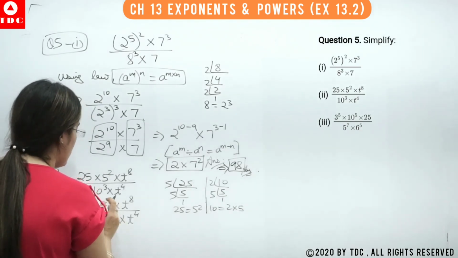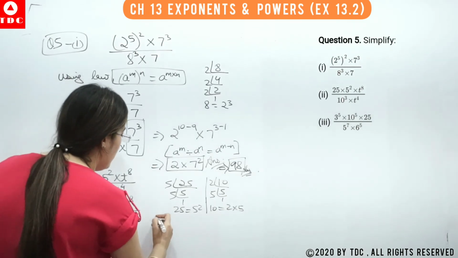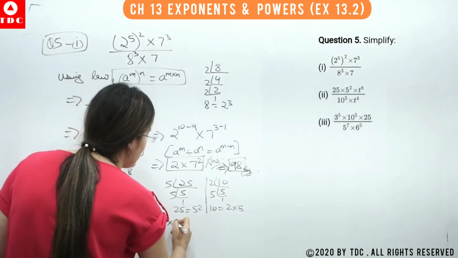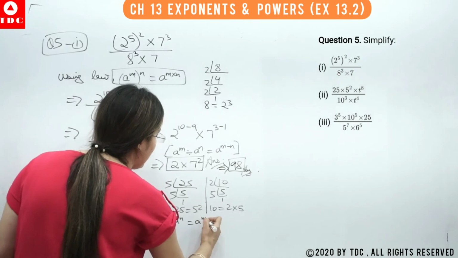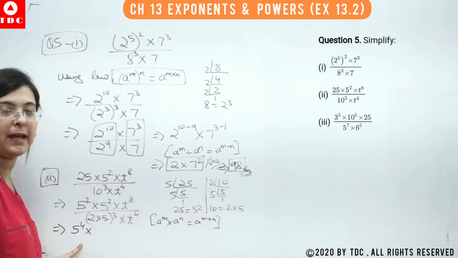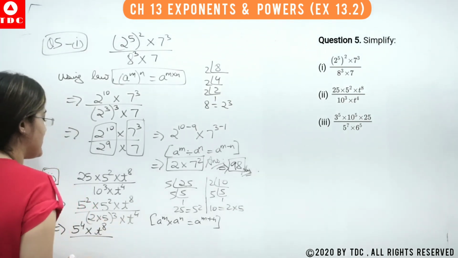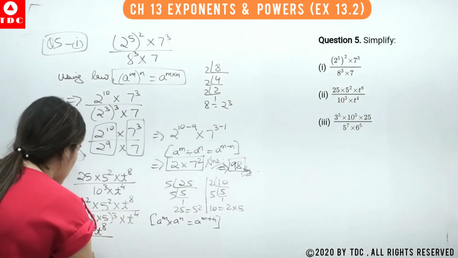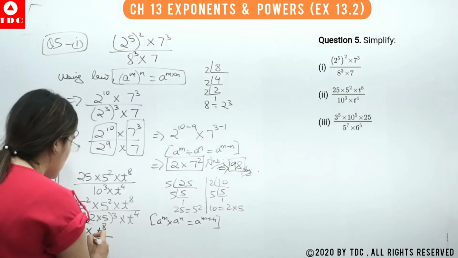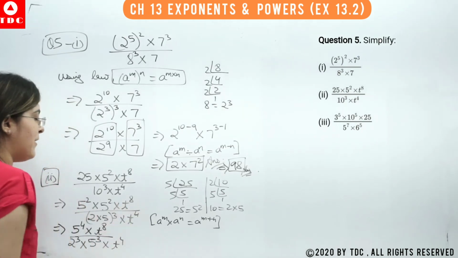Here the powers would be added, 5 to the power 4, using the law a to the power m into a to the power n gives a to the power m plus n. So 2 plus 2 became 4. The t to the power 8 will remain as it is. It will become 2 to the power 3 into 5 to the power 3 into t to the power 4.